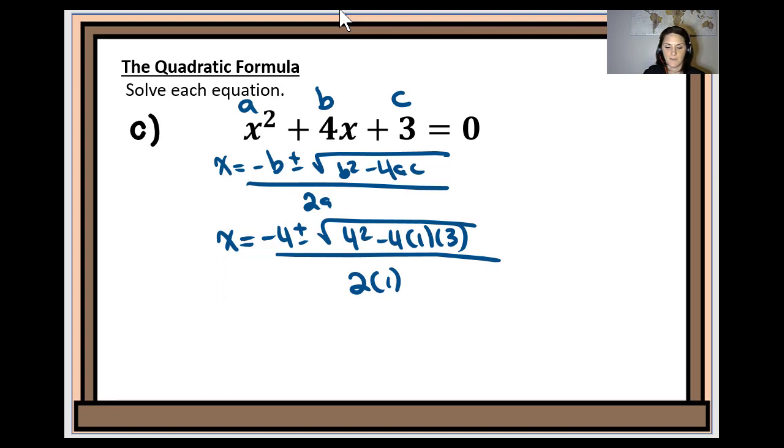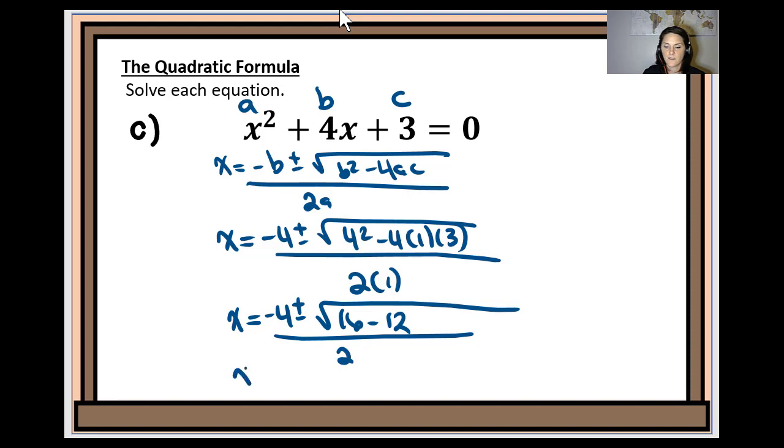Okay, let's go ahead and simplify. So we have 4 squared is 16 minus 4 times 1 times 3, which is 12, all over 2. So x is equal to negative 4 plus or minus the square root of 4 over 2.